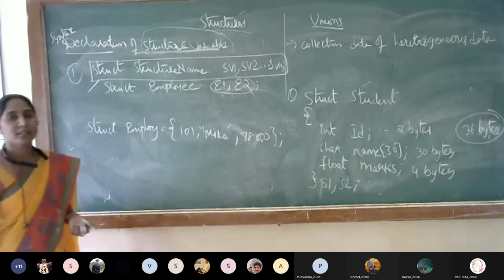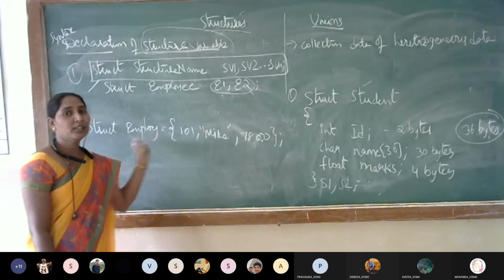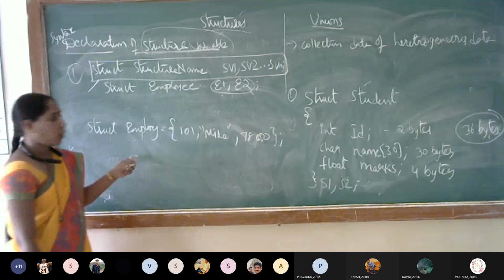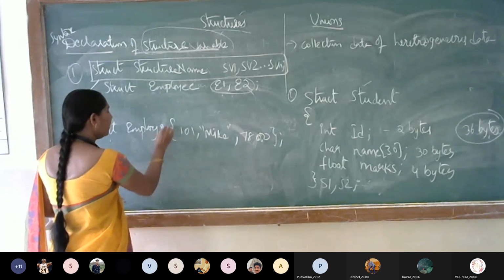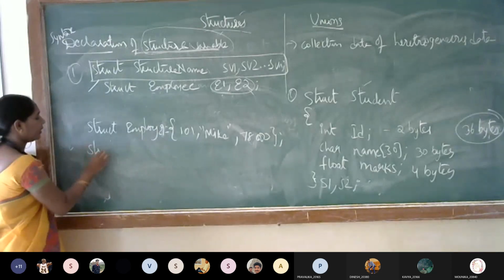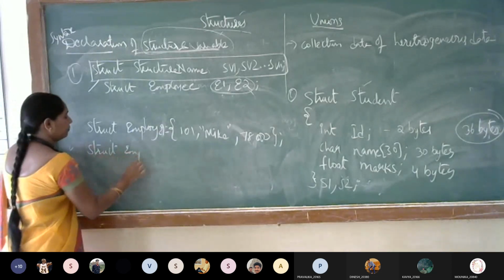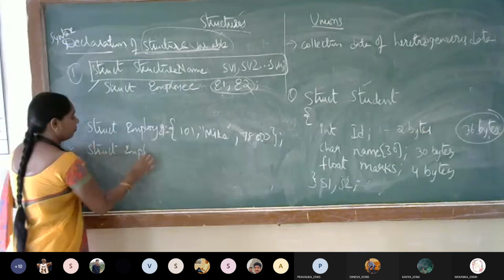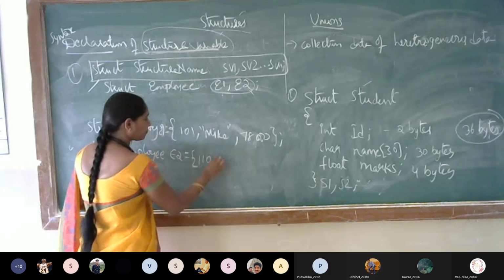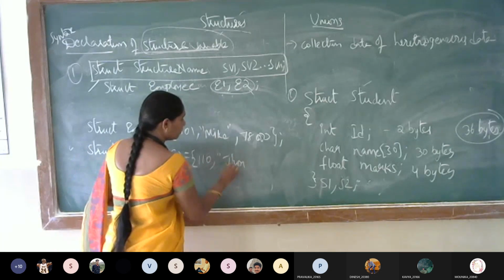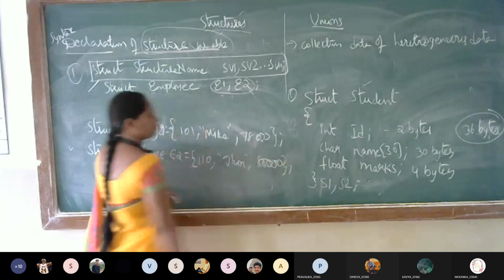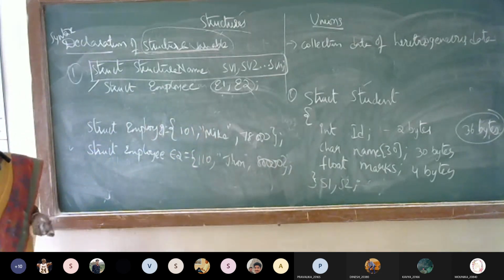Like this, I will be assigning values to the structure variables. Then for the second employee's values, I specify struct employee E2 is equals to 110, John, then some salary. Like this, we'll be giving the input.